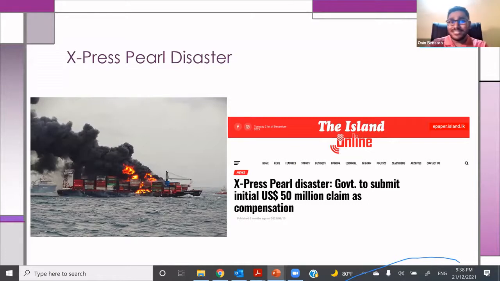And as we discussed earlier, the Sri Lankan Sea got negatively affected due to this fire, and because of that we were able to claim for a compensation. So this is how the insurance and the foreign trade can be discussed together.